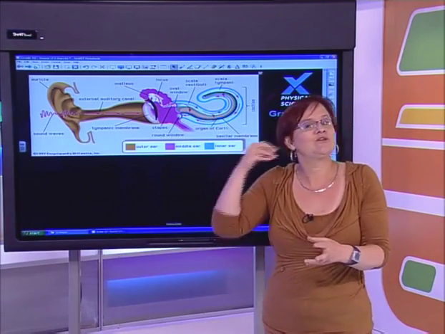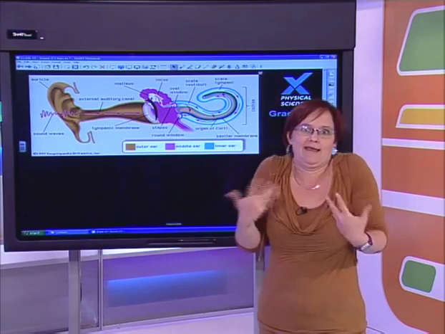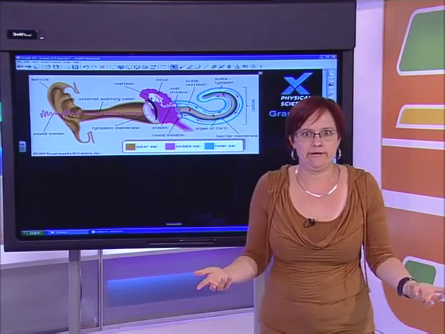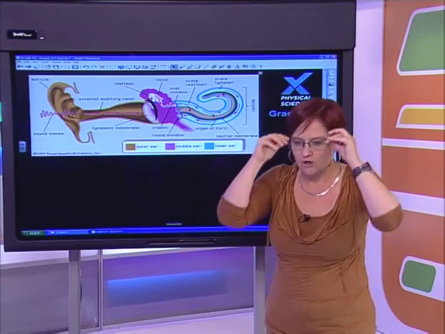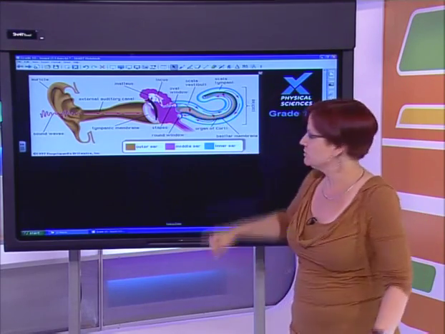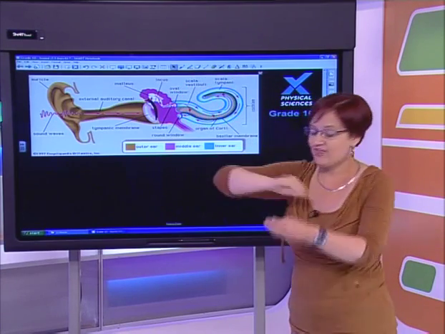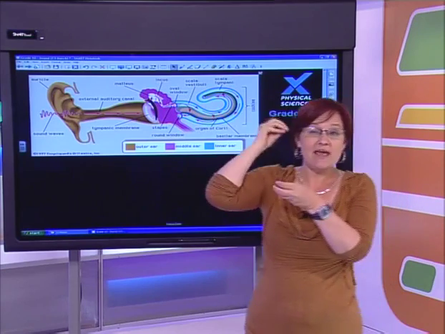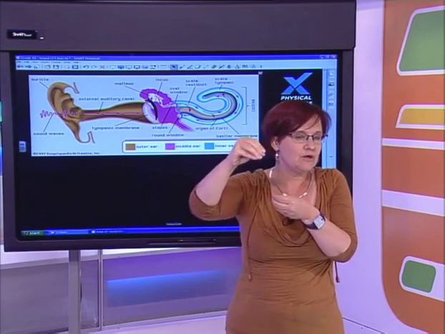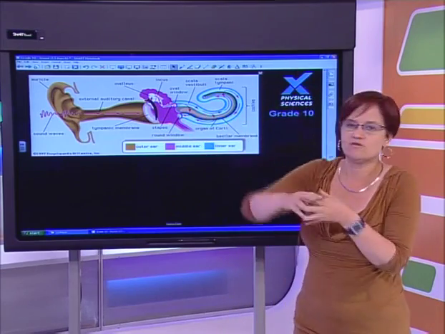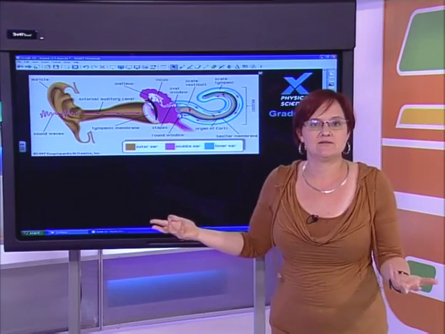Because as you get older, those little hairs start to die off. They get old. They stop working, okay? And some of you are doing that at a younger age because you have your earphones on and you're causing overuse. But each of those little hairs inside here vibrate with a certain frequency. So they pick up the different frequencies that we can hear. And that then gets translated through nerves into our brain, and we translate that into sound.